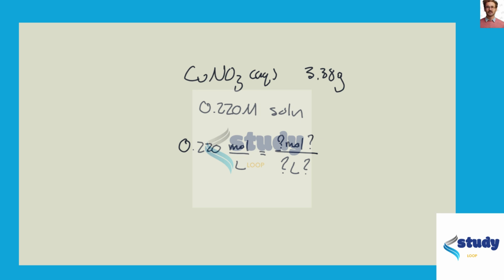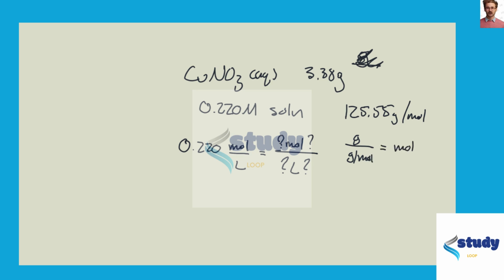And if we know the molecular mass of copper nitrate, which is 125.55 grams per mole, then maybe we do know how many moles of copper nitrate are in our solution, right? In fact, if we divide 3.38 grams by 125.55 grams per mole, grams divided by grams per mole will give us units of moles.